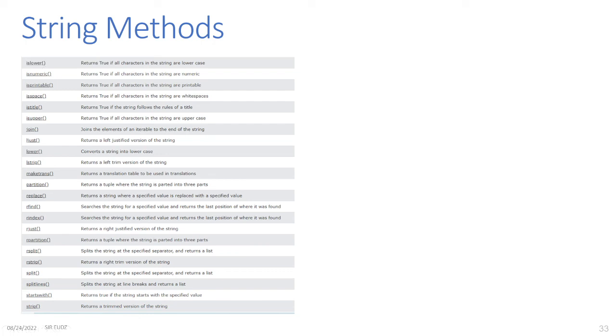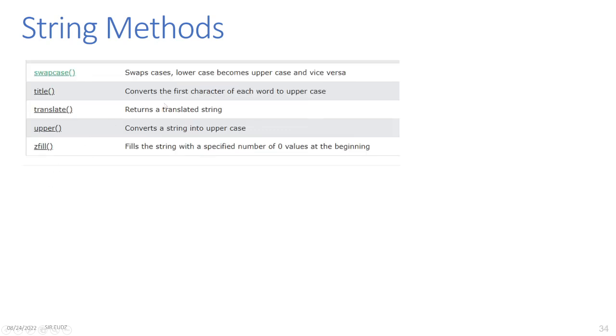We have islower, isnumeric, isprintable, isspace, istitle, isupper. We have join, ljust for left justify, lower, lstrip, etc. We have tried strip a while ago. We have swapcase, where lowercase becomes uppercase and vice versa.